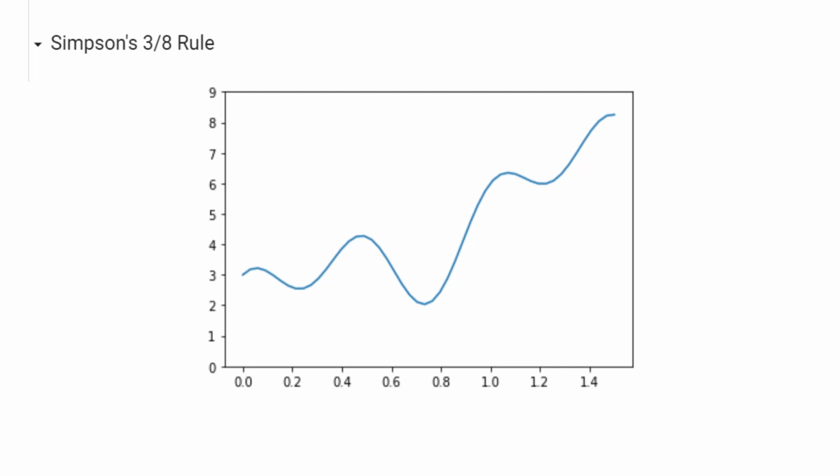Finally, onto Simpson's 3/8 rule, where our interval is divided into n subintervals, and each subinterval has two intermediate points, as opposed to the one midpoint we saw in the 1/3 rule. Now instead of integrating parabolas, which we saw in the 1/3 rule, we're now integrating using cubic functions.